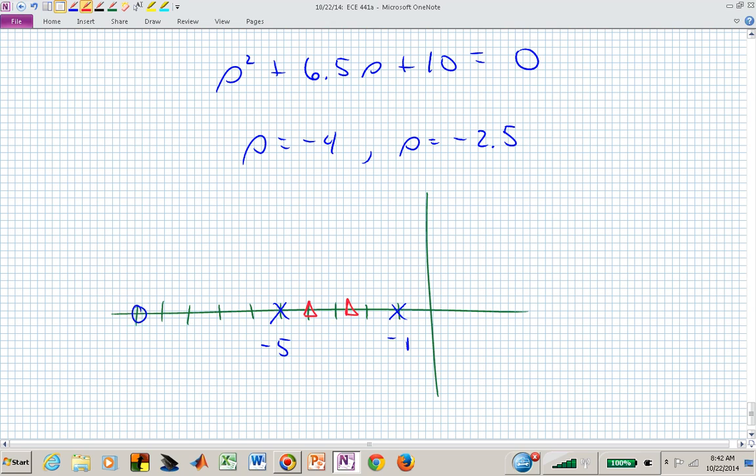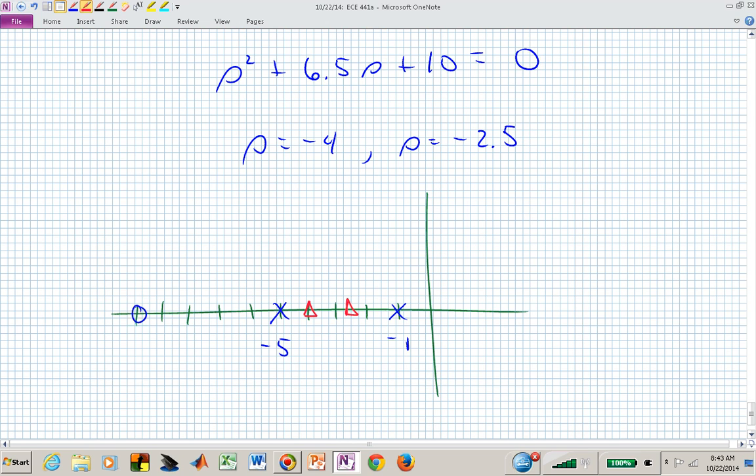Now, where did we want to be? We wanted to be to the left of -4, didn't we? And we were quite a ways away with this pole at -1. Now it's slid over to -2.5, so it's getting better. This one now we sacrificed a little bit, but maybe we like the overall shape a little bit better. Which pole is dominating?